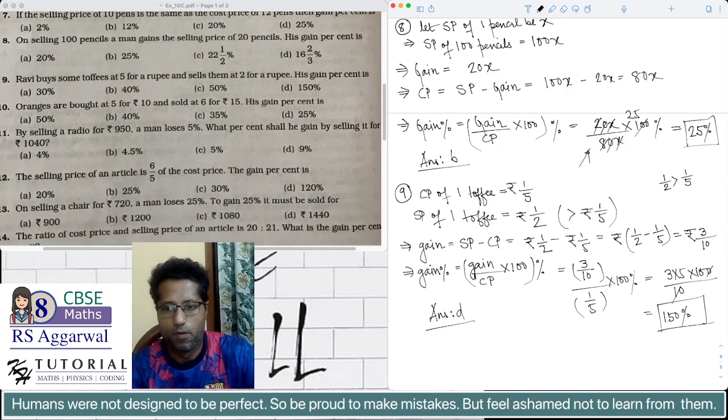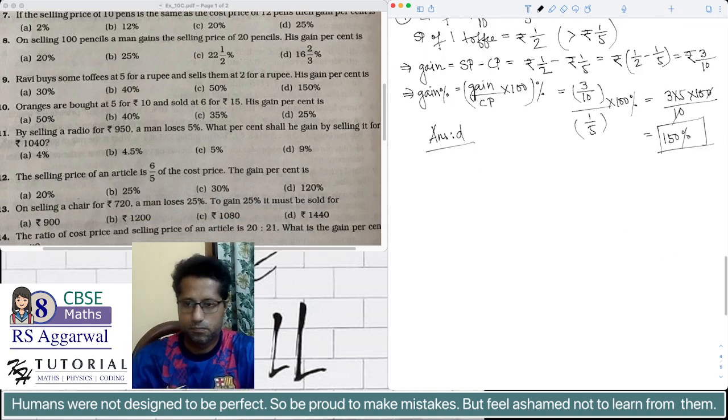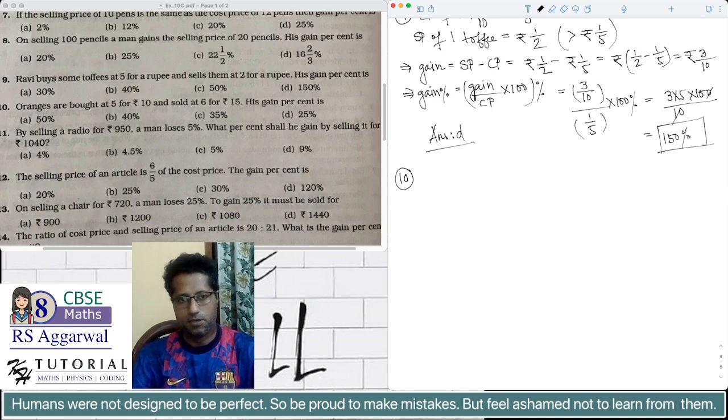Okay, let's do problem number 10. Oranges are bought at 5 for rupees 10 and sold at 6 for 15. His gain percent is. It is the same as question number 9.